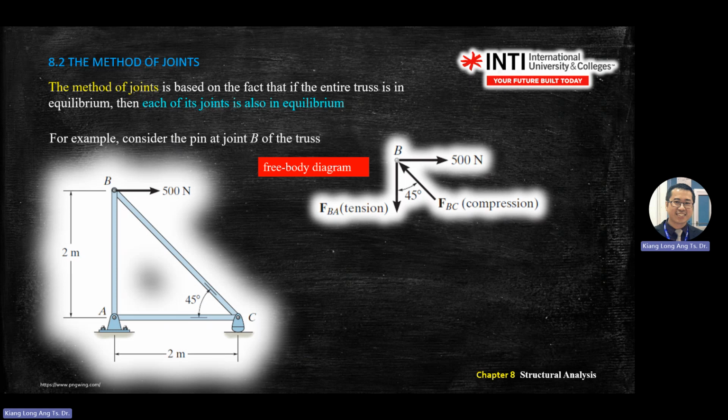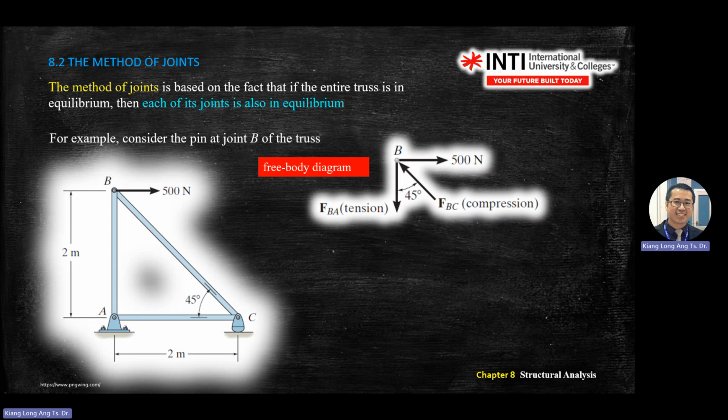At this moment, we do not know whether it's tension or compression. But you can imagine when you pull to the right, you make AB become longer. It will bend to the right. Okay, this member, member BA.